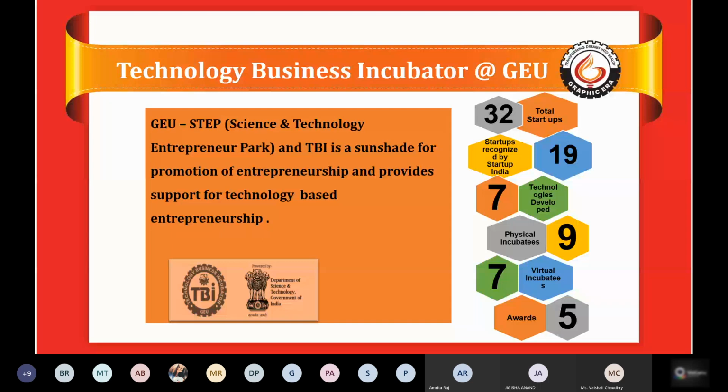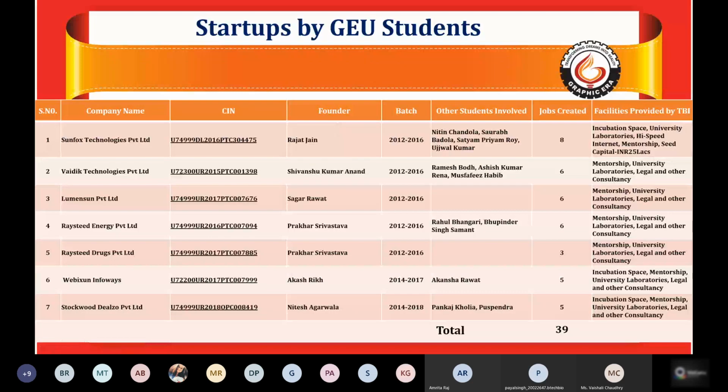So commercialization of product is done using the facilities provided by TBI. And believe me, the students of our university do such kind of things, because you can see on the next slide here, you will find the students from different programs who have started their startups.